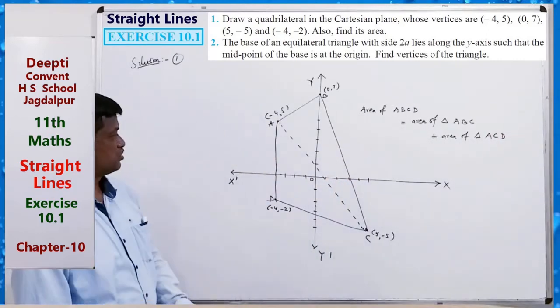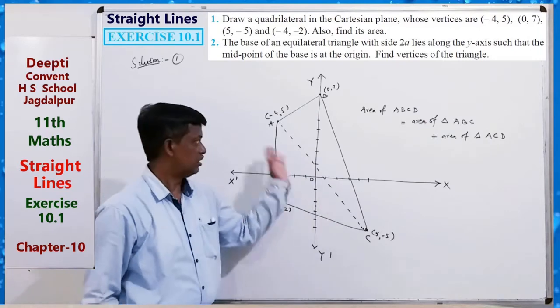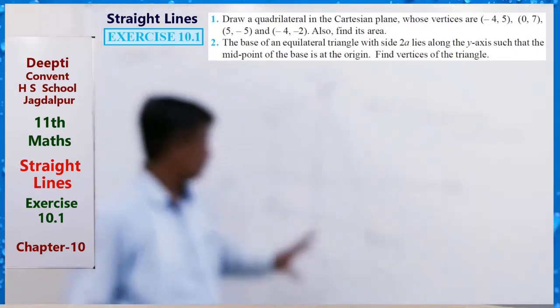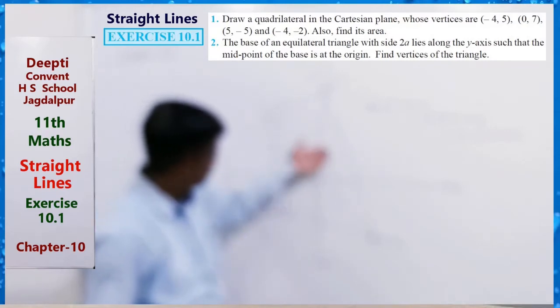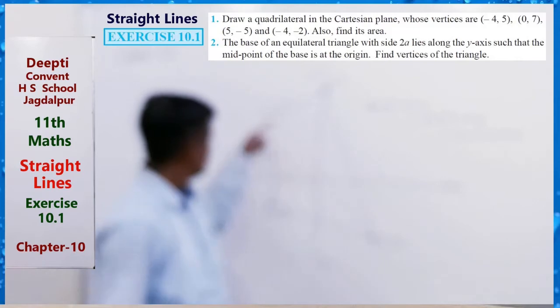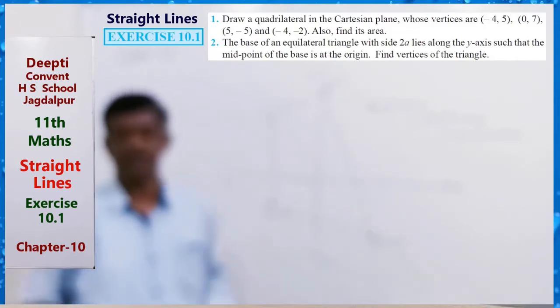Clear? So the area of this quadrilateral can be found by finding the area of this triangle and this triangle, ABC and ACD.